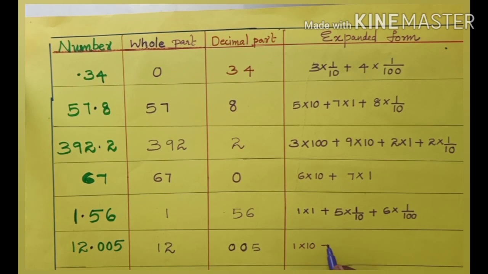So 1 into 10 plus 2 into 1, plus after the decimal point the first number 0 is in tenth place, that is 0 into 1 by 10, plus the second position is hundredth, so 0 into 1 by 100, plus 5 into thousandth place, 5 into 1 by 1000.